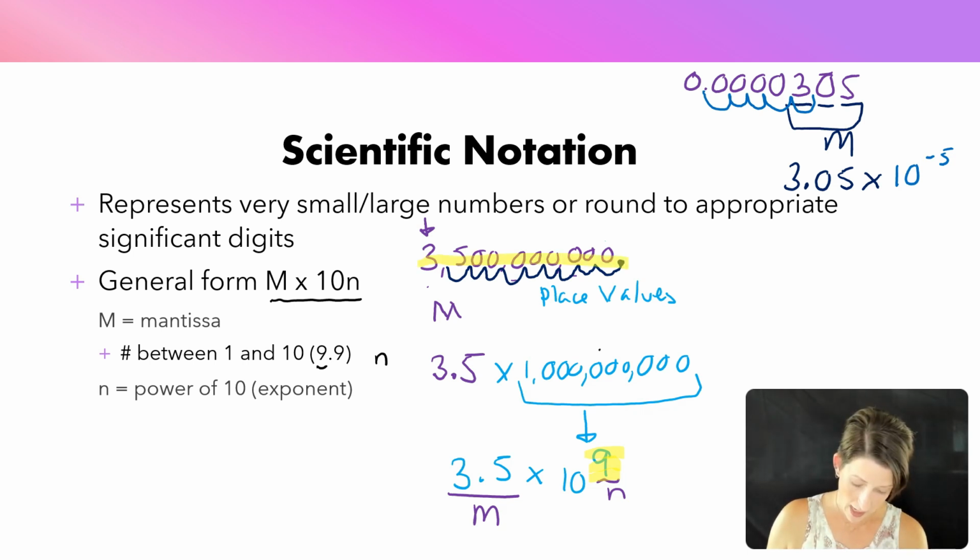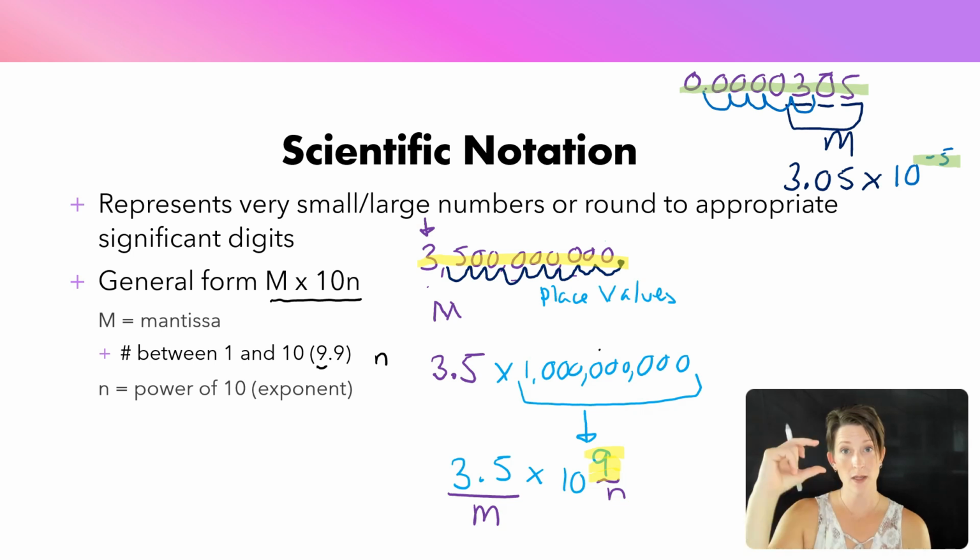When you have a negative exponent, you have a number that is less than 1 or much smaller. So that exponent tells us big number, small number. The mantissa tells us how many sig figs. And it shortens it up to exactly what we need to know: significant figures, place values.